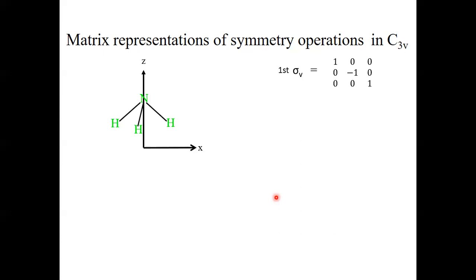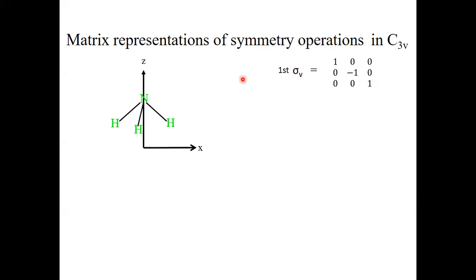For the first mirror plane, the way we defined the coordinate system, the matrix representation is very simple. It has the form 1, 0, 0, 0, minus 1, 0, 0, 0, 1. So again, you find here only non-zero characters on the trace of the matrix. So why is this so?